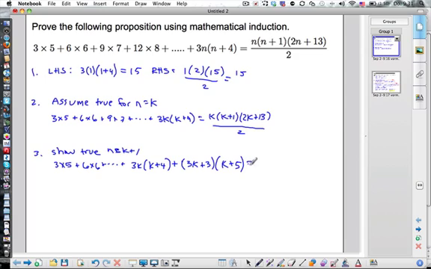And that should be (k plus 1), (k plus 2), (2k plus 15). If I stick in a k plus 1 there and distribute, 2k plus 15 all over 2.